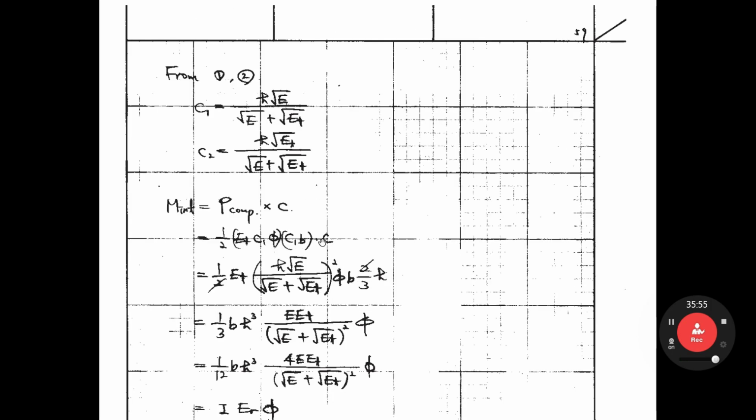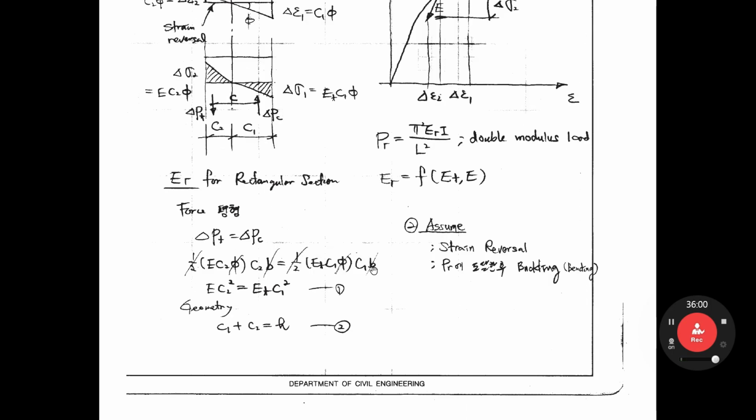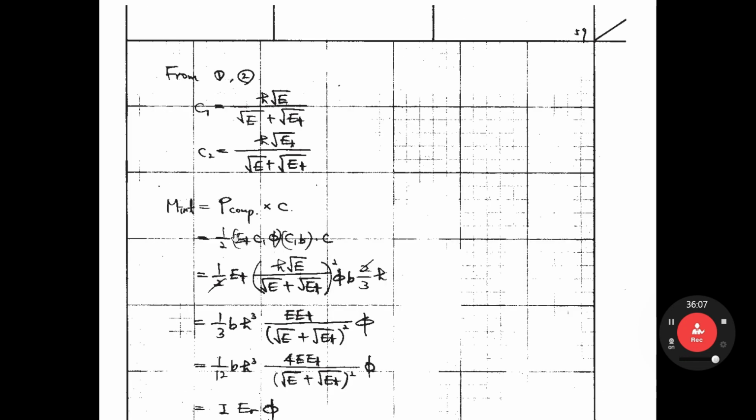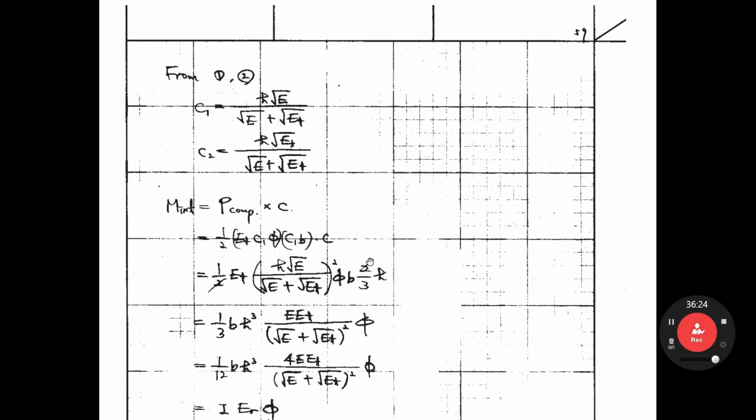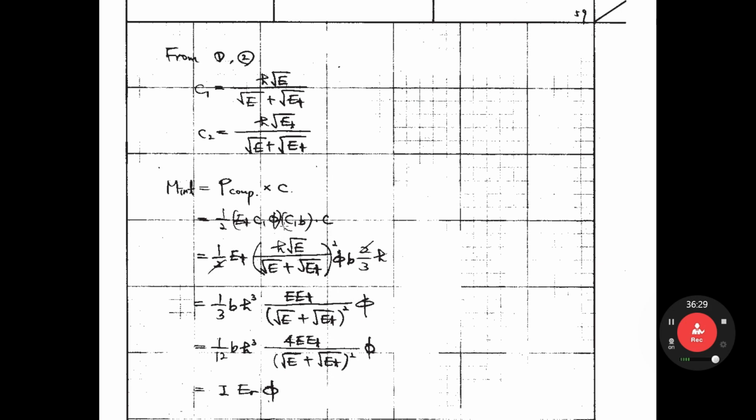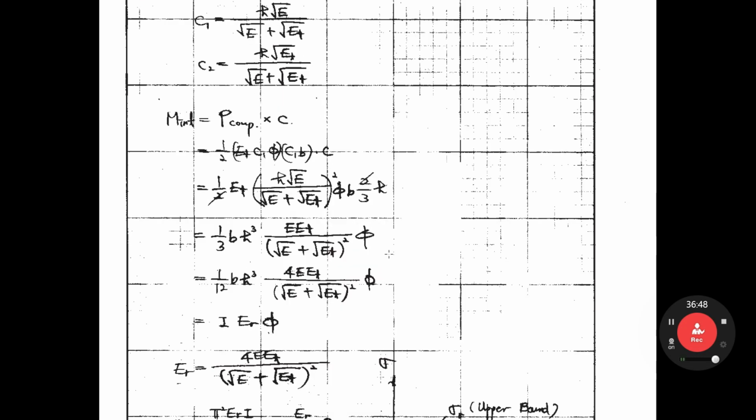That is delta P_C, times C. Delta P_T and delta P_C are a coupled force times this moment arm. We calculate like that. And the C1 squared is this one. The 1 over 2 E_t phi B, C equals 2 over 3 H, the moment arm. Then we can rewrite it like this.